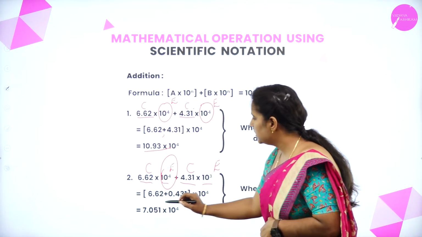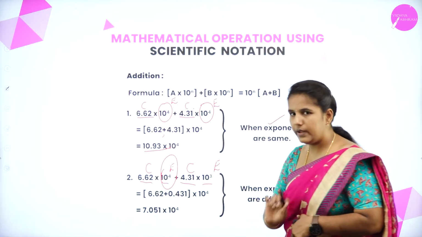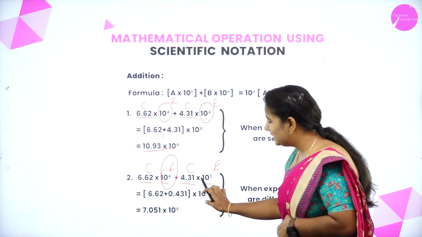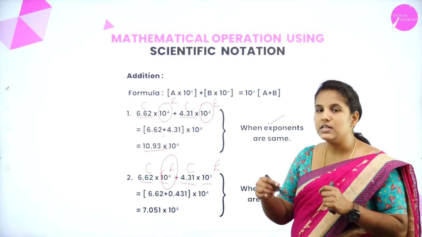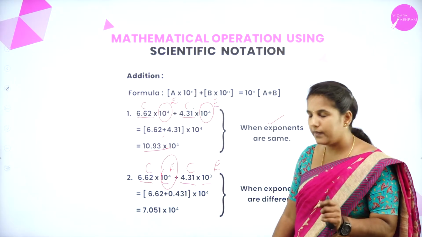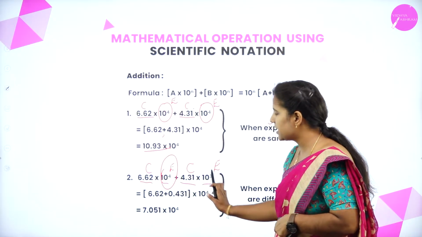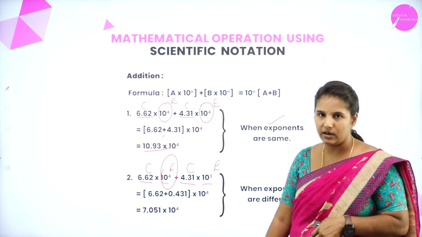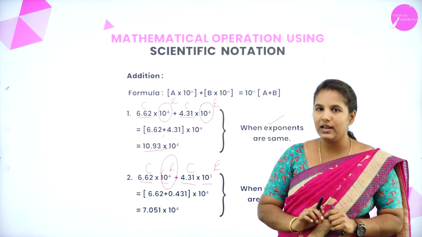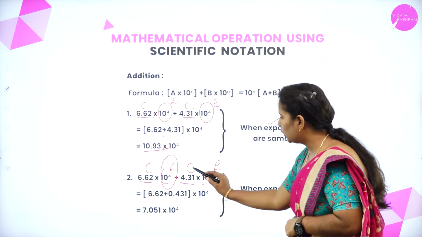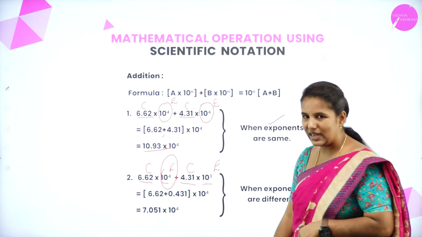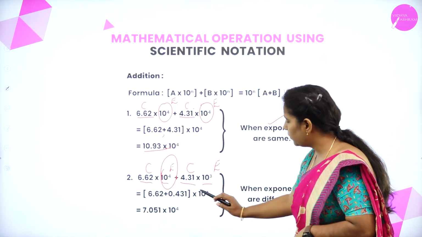So here the 6.24 will be written as such, and the other coefficient, 4.31, can be written as 0.431, because we are making the exponent the same as that of the larger one. Understood? That is why the coefficient can be written as 0.431 into 10 to the power of 4.